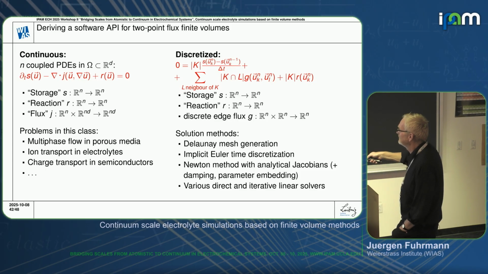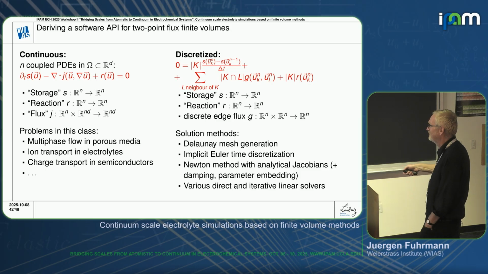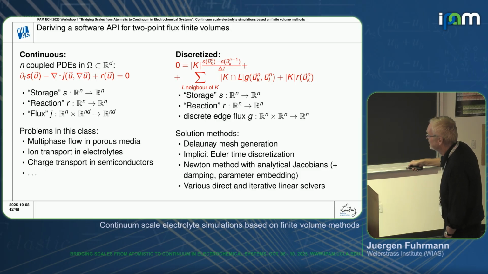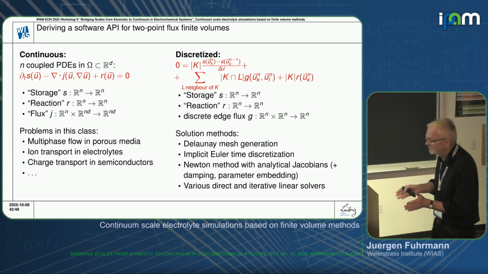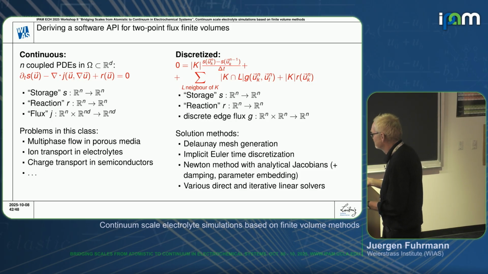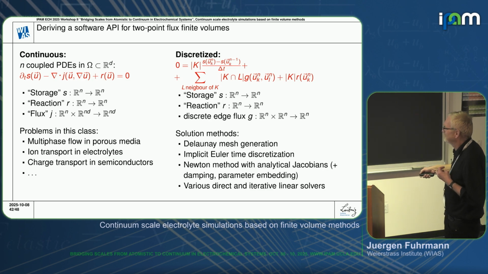So this gives us the discrete nonlinear system for the coupled species. We can solve this by Delaunay mesh generation in order to get these Voronoi meshes, implicit Euler time discretization for stability, Newton's method with analytical Jacobians in order to get a highly accurate solution of this discrete system at reasonable effort. And then we need to solve the linear systems.